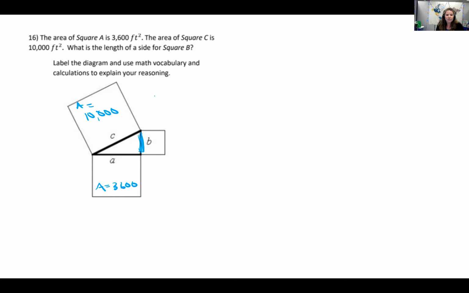Well, A squared, I'm already given, is 3,600, right? Because that's the area. Area is already a number squared. Plus B squared, I don't know what B is. But I know that the area of C is 10,000. So I'm not squaring these numbers. They've already been squared because this is the area, right?